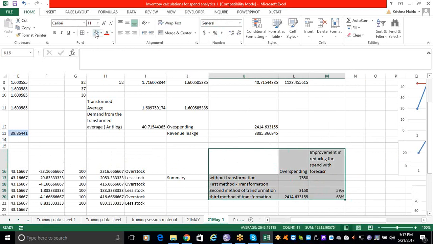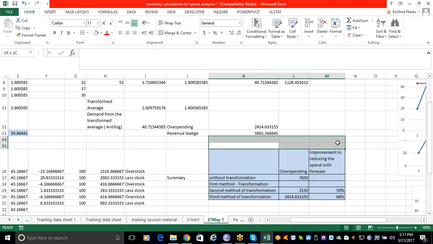This is the objective. This is what we are trying to actually develop.